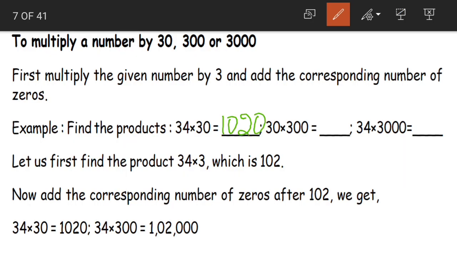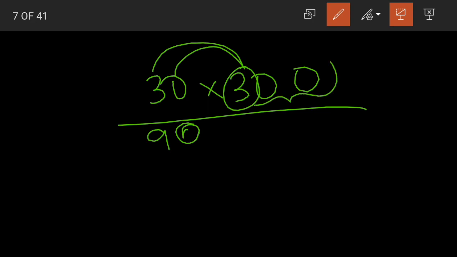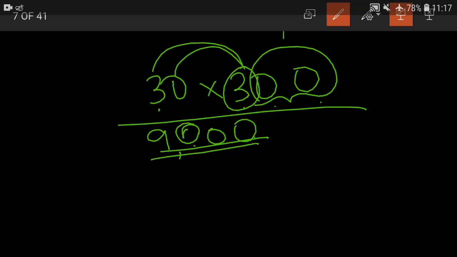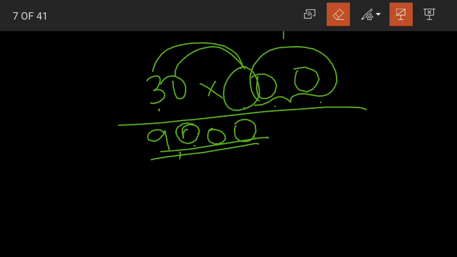1020. Coming to the next, 30 into 300. Okay. Yes, again here 3 into 0, 0, 3 threes are 9. Yes children, now in 300 we are having 2 zeros. So even in the product we will place 2 zeros to the right. So 30 into 300 becomes 9000. Yes, the same technique that we have used for multiplying by 100 and 1000 also.